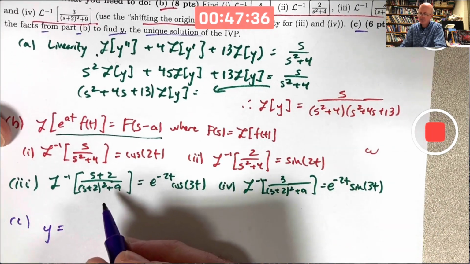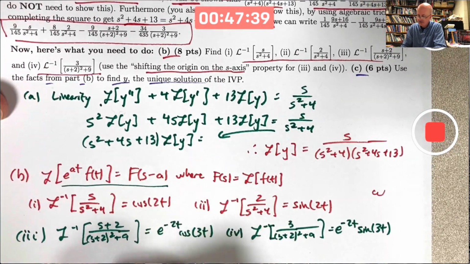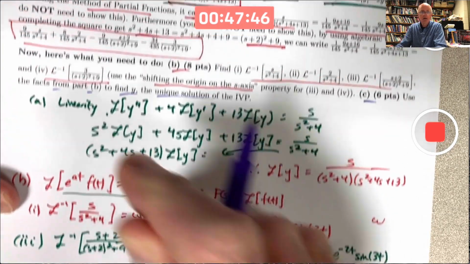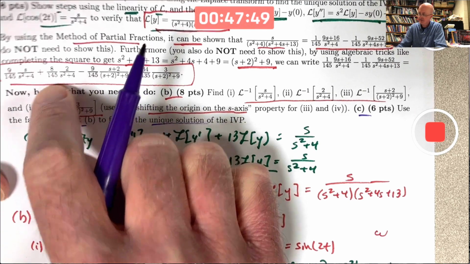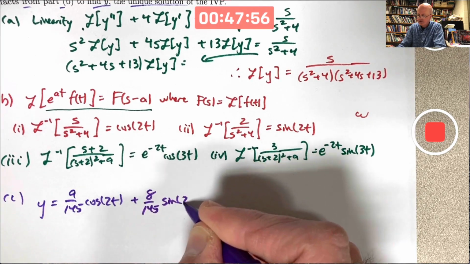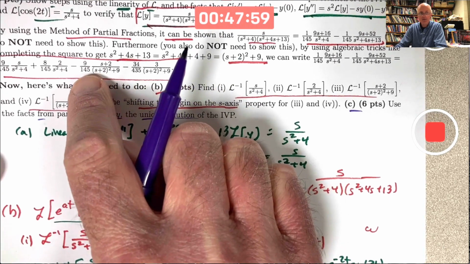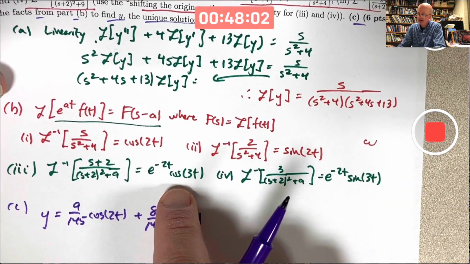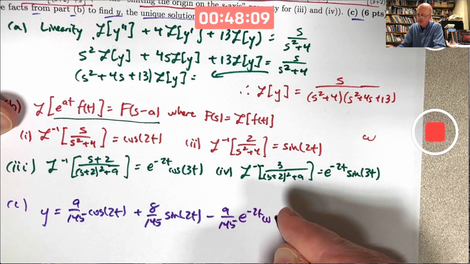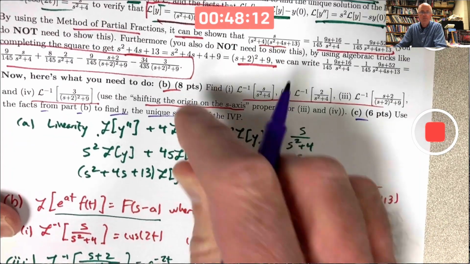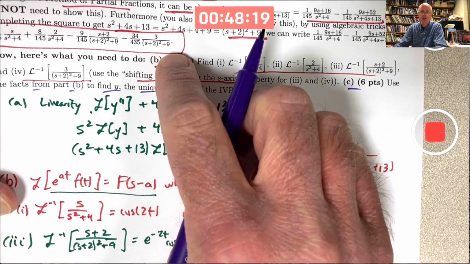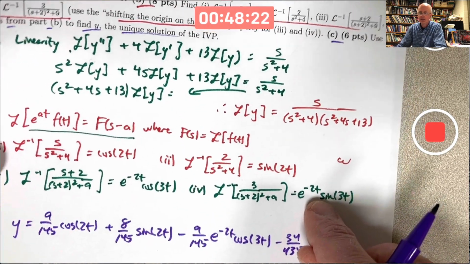So y is going to be 9 over 145 times cosine of 2t, plus 8 over 145 times sine of 2t, minus 9 over 145 times e to the negative 2t cos 3t, and finally minus 34 over 435 times the inverse Laplace transform of this, which is e to the negative 2t sine 3t.